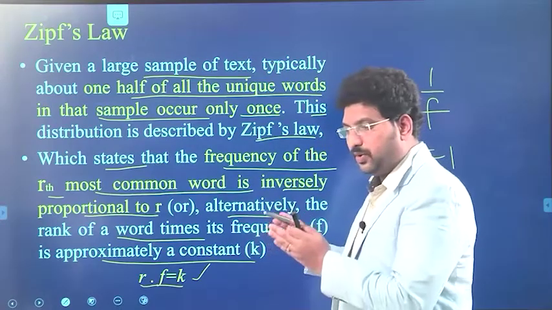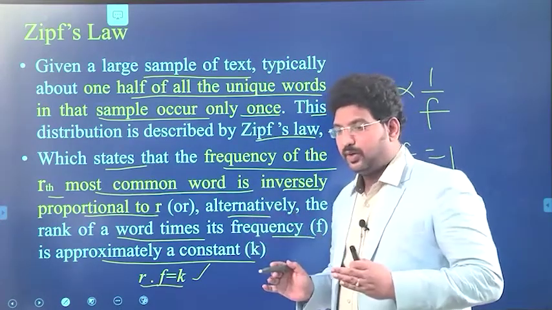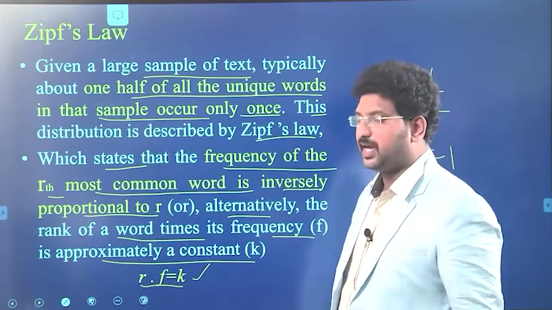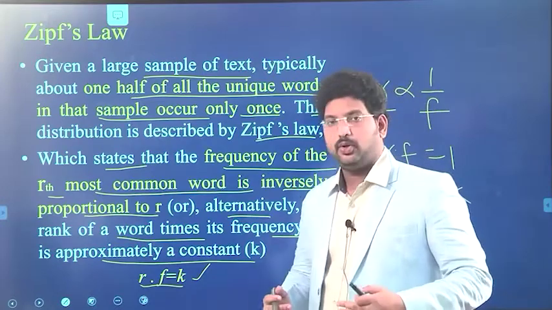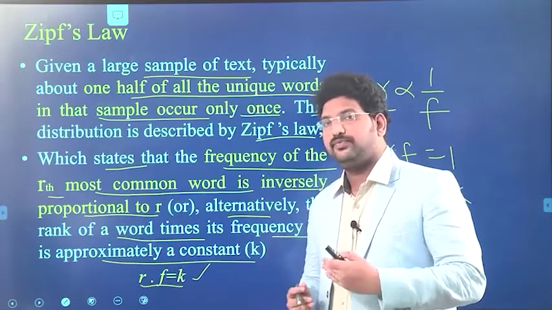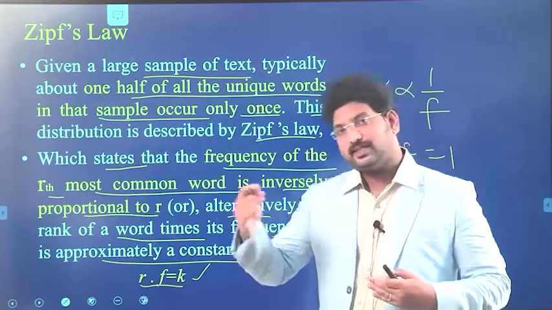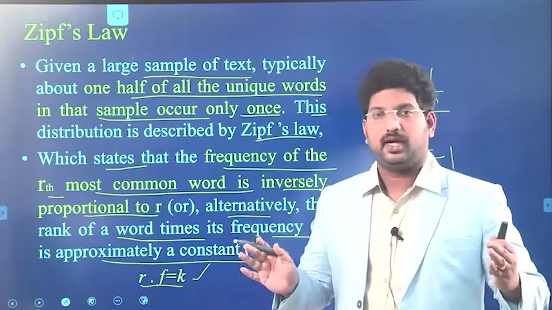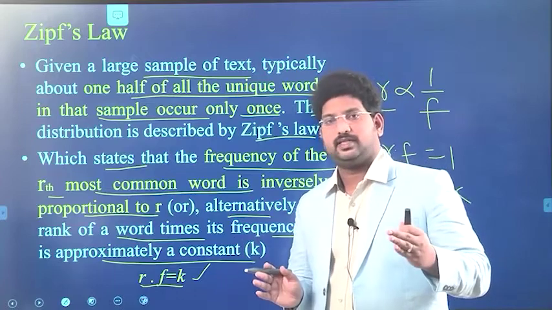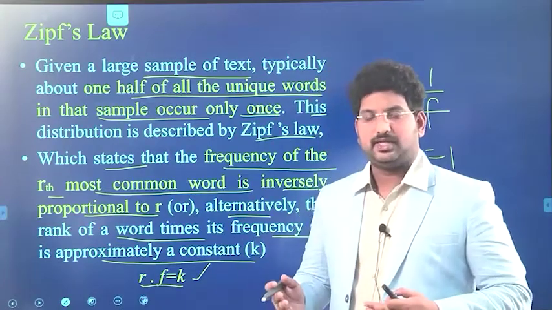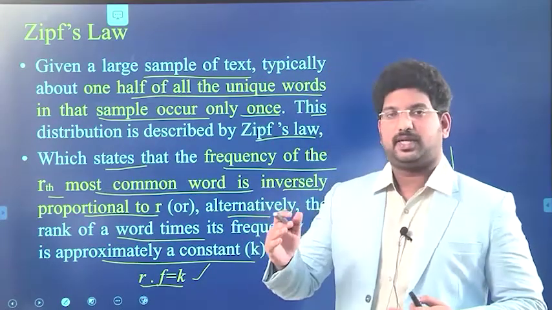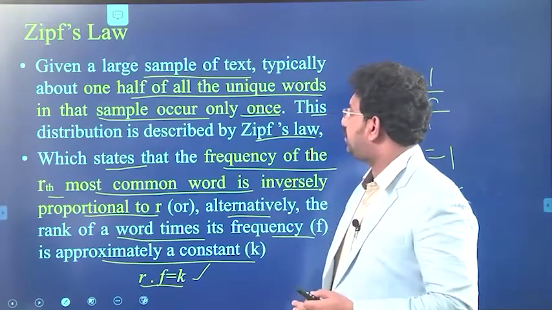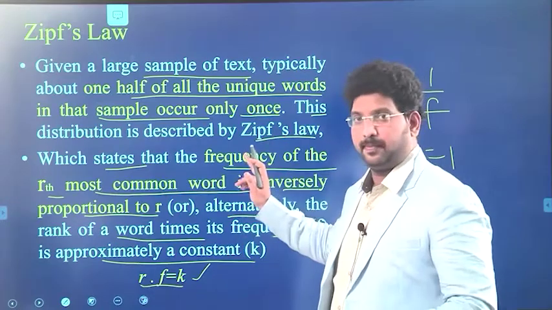Here you try to understand Zipf's law in a more detailed manner. We are going to know about the frequency of the words and their importance in documents. In a document with a lot of textual information, one half of the unique words in the sample occur only once.